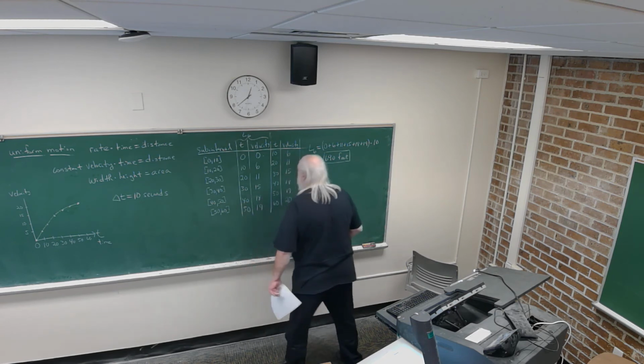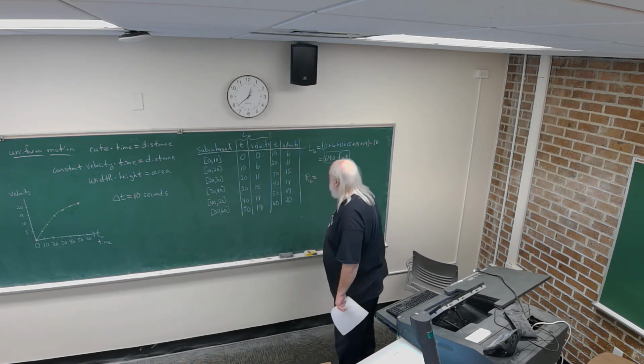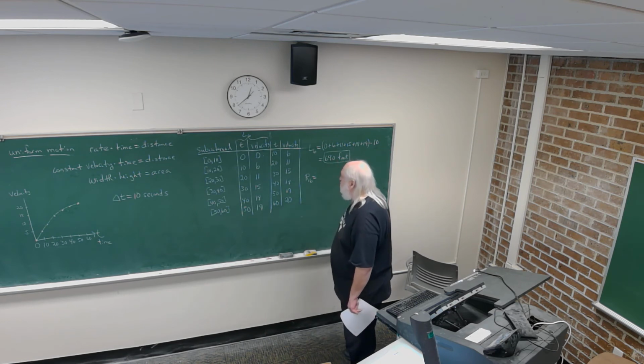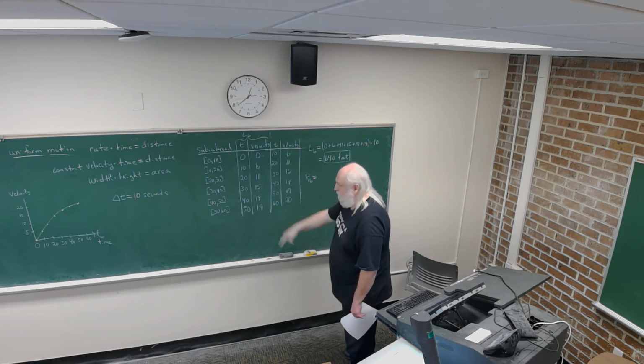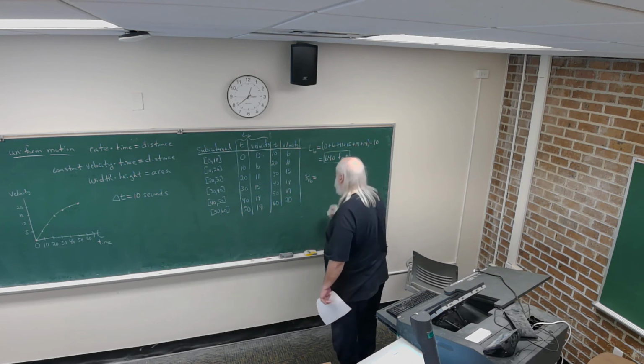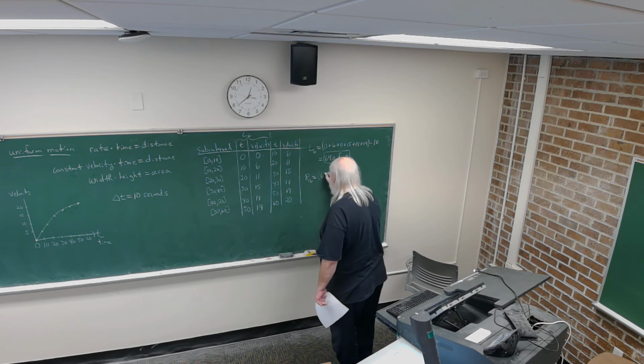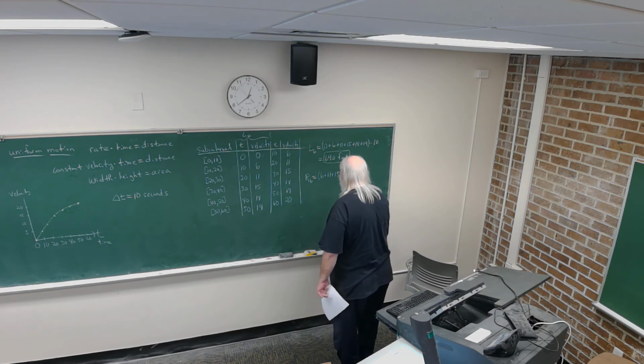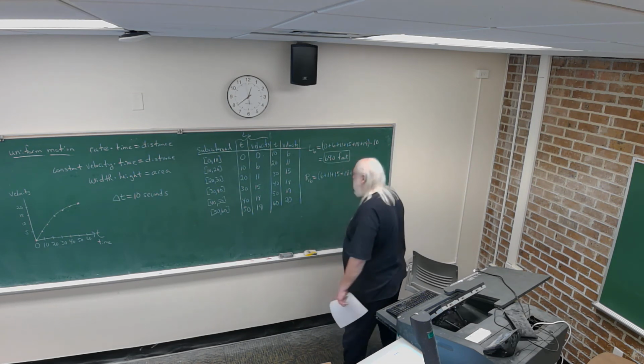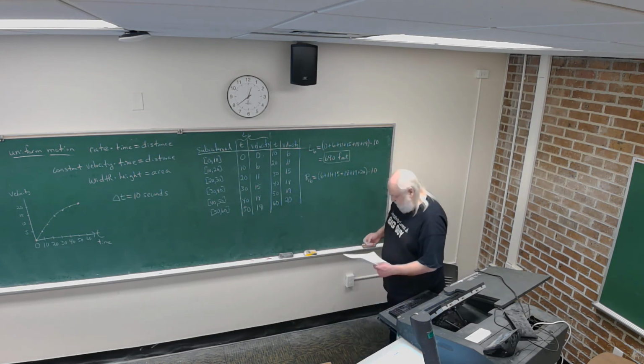And then R6, the right endpoint method, the right endpoint Riemann sum. So we take all these velocities, add them up, and multiply by delta t, which is 10 seconds. So we have 6 plus 11 plus 15 plus 18 plus 19 plus 20 times delta t, which is 10 seconds.